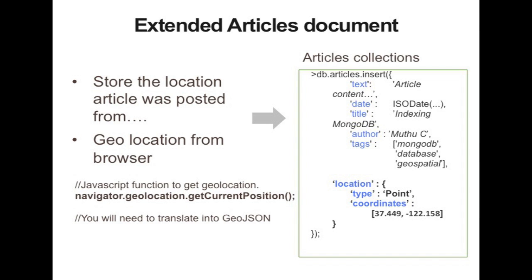So you have geolocation.getCurrentPosition in most of your HTML5 APIs. You get the geolocation, the longitude and latitude, and once you have that, you can provide that to your application while inserting a record into MongoDB or while querying data from MongoDB. So let's say I have a mobile application.